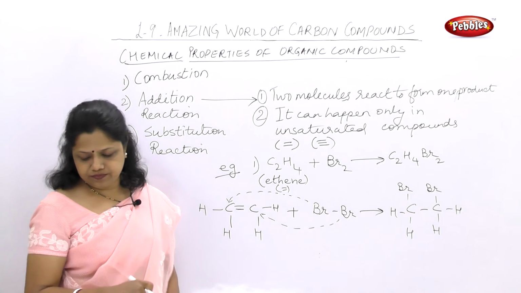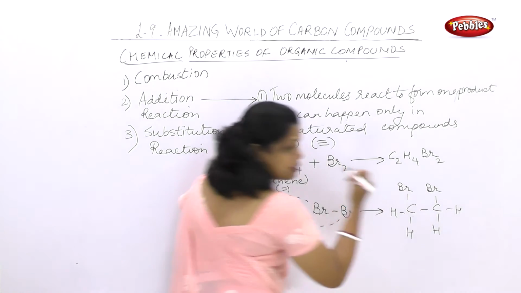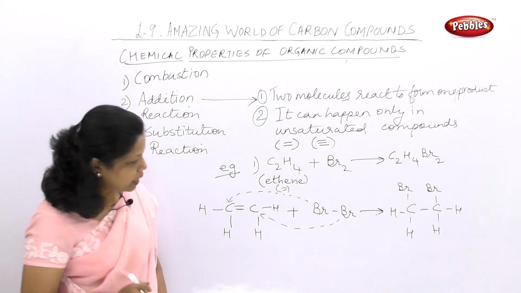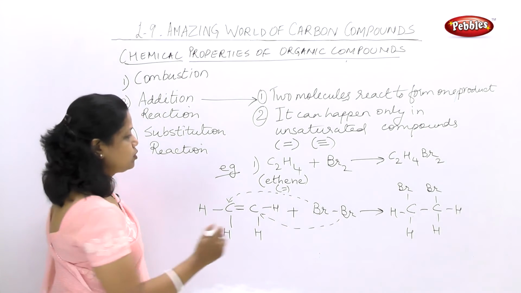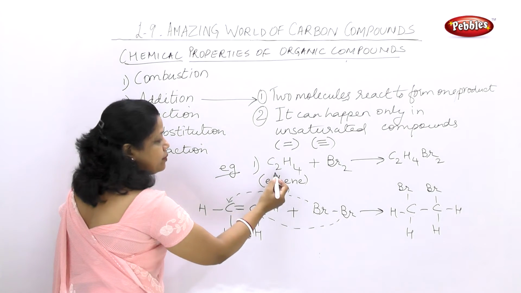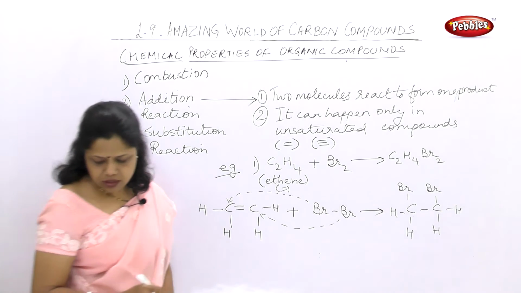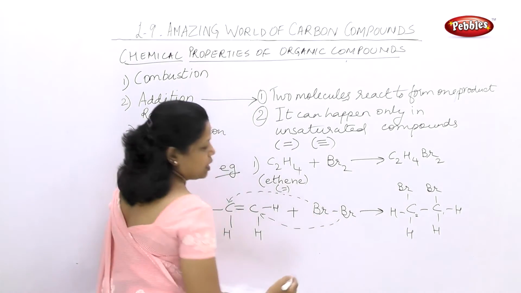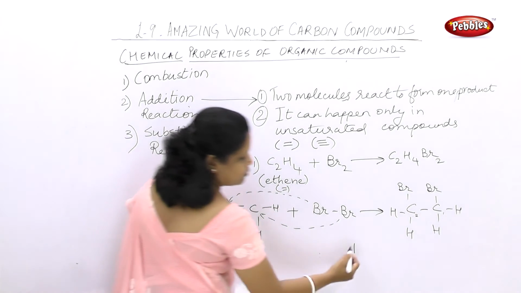How will you name it? Now, this is the first carbon, this is the second carbon. IUPAC name, how will I name it? Original was ethene, correct? Because we started with ethene. So original ETH. So first carbon, second carbon. In the first carbon, bromine is added, so I have written 1.